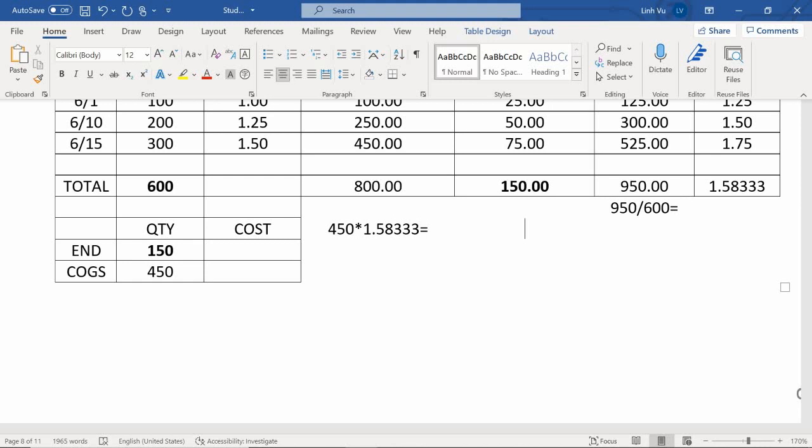What's my total cost? $712.50. Good. So then what is going to be my ending balance? $237.50.